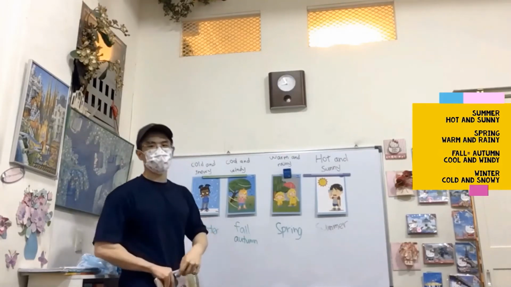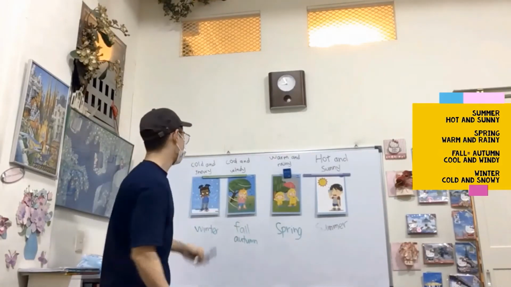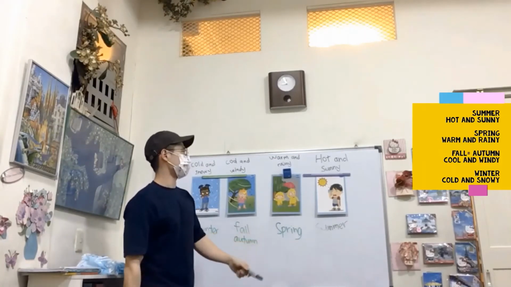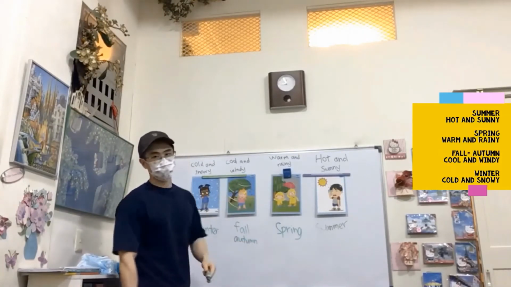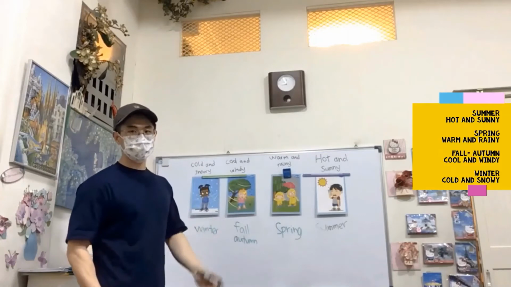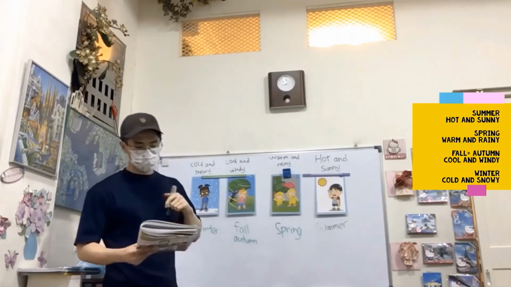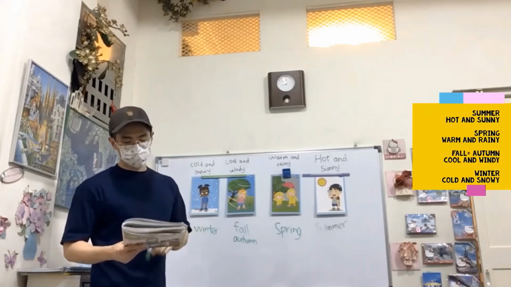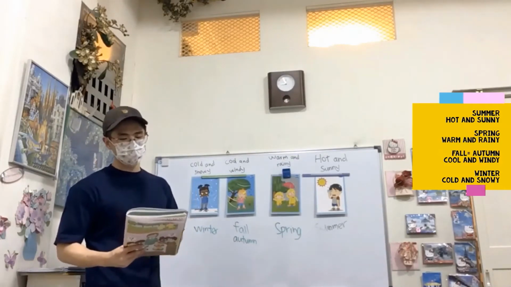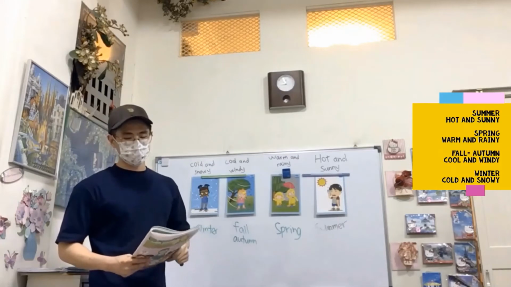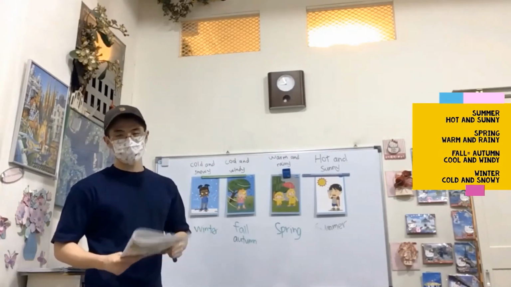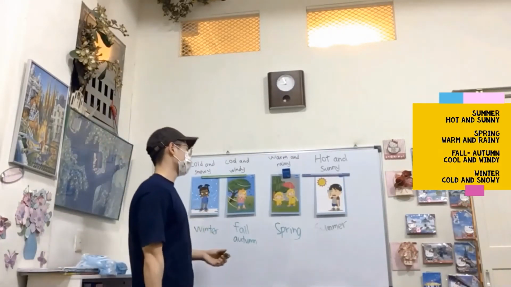Okay, so now that I have taught you how to link the four seasons and the weather together, can you have a better understanding of the chapter? Okay, so let me do a recap again. On page 51, I've taught you the four seasons, namely spring, summer, fall, and winter, right?